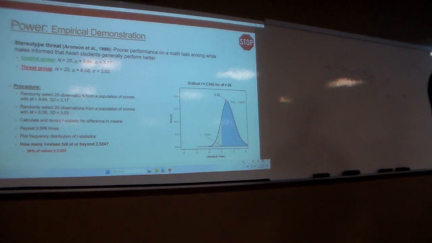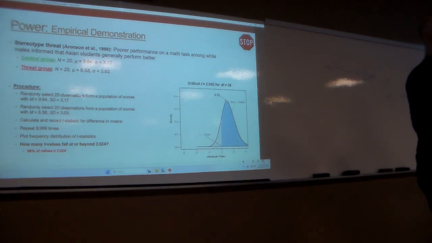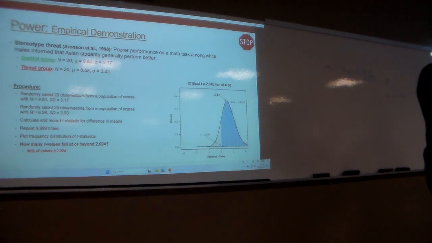Okay? So again, thinking about power as the long-term probability of rejecting the null hypothesis. In this empirical example, we're saying that Aronson's data is perfect, for the purpose of argument, perfectly capturing the actual population means, right?